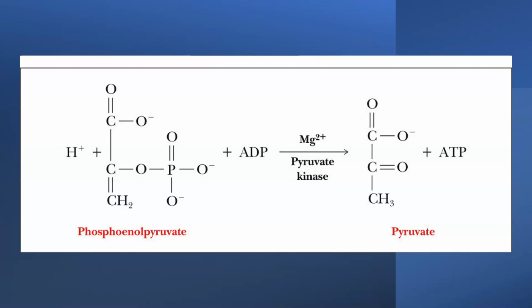The last regulated step of glycolysis, that phosphoenol pyruvate, is involved in a phosphorylation reaction. That phosphate group that we see on the second carbon is going to be stripped and used to phosphorylate ADP into ATP, and that is going to be a net gain in ATP. Everything from step 5 on happens in parallel.